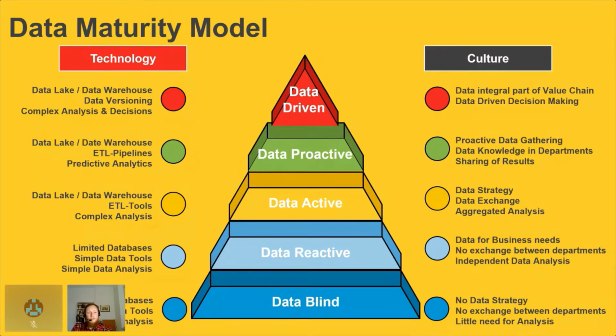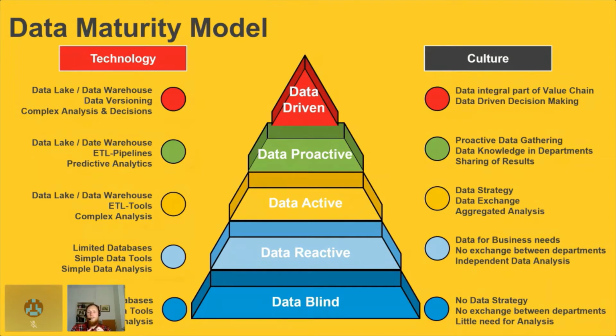So just to give you a broad idea how this model is built up and how the different levels of the model are considered. The first thing, or the ground level for organizations, is called data blind organizations. These have absolutely nothing when it comes to technology in regard to data. So no databases, no data tools. And of course, since you don't have any tools or data, you also have no data analysis.